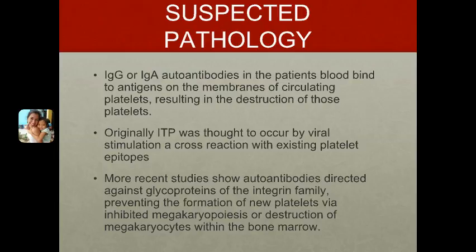But more recently, studies have shown that these antibodies are directed against glycoproteins in the integrin family, preventing the formation of new platelets via inhibited megakaryopoiesis or the destruction of the megakaryocytes within the bone marrow.